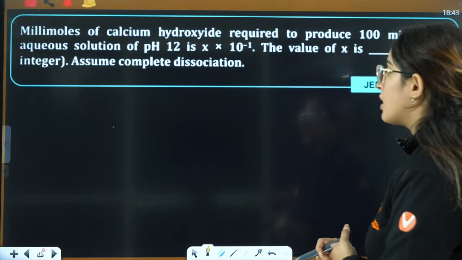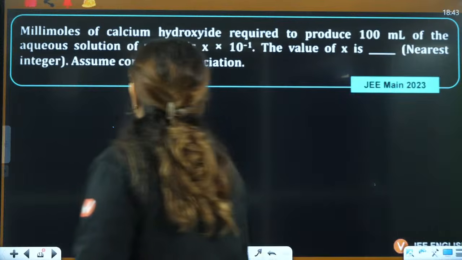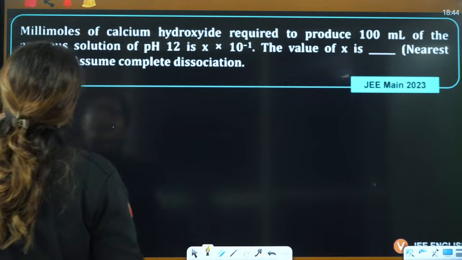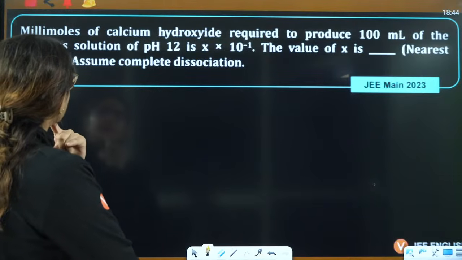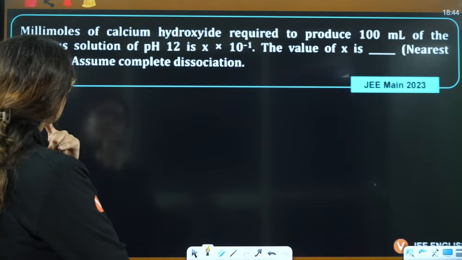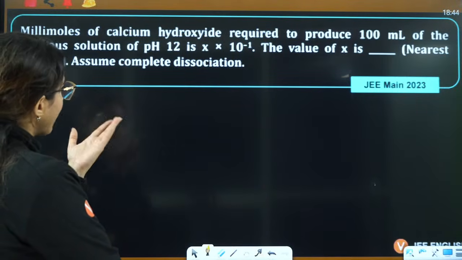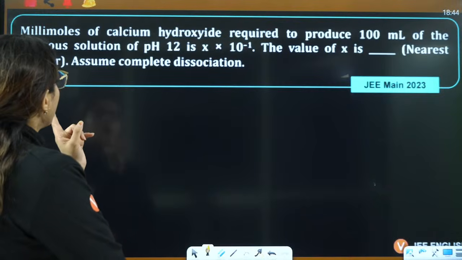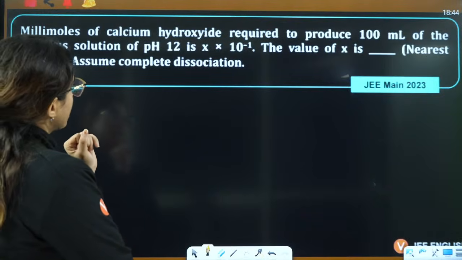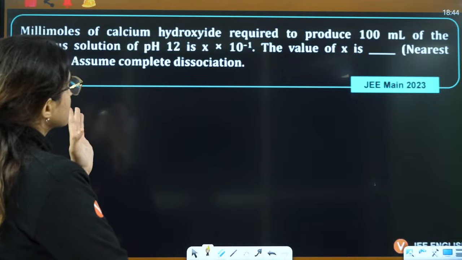Assume complete dissociation, calcium hydroxide is a strong electrolyte, so we are assuming complete dissociation, right? Millimoles means you have to calculate moles required to produce this volume with this pH. Aqueous solution of pH 12.